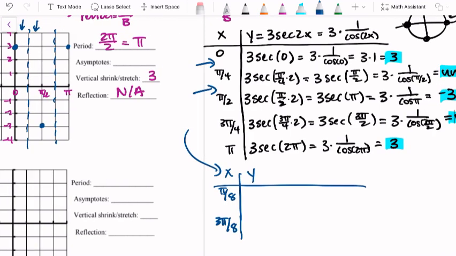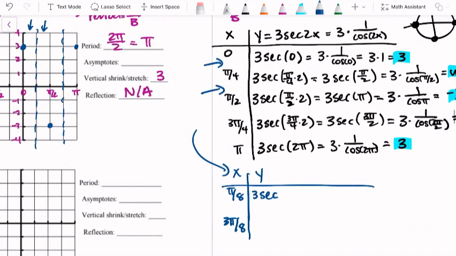So here we go. We're going to have 3 secant of pi over 8 times 2, which is 3 secant of pi over 4. That's going to be 3 times 1 over cosine of pi over 4.